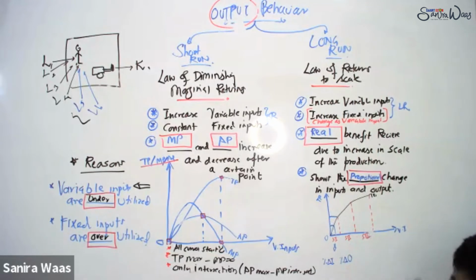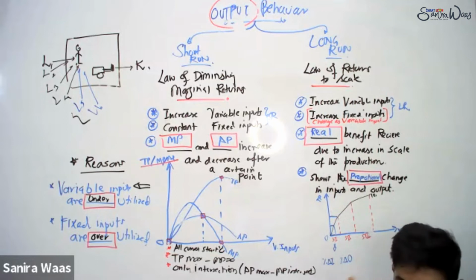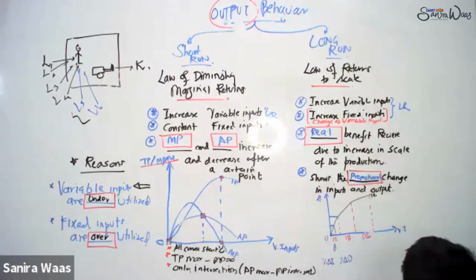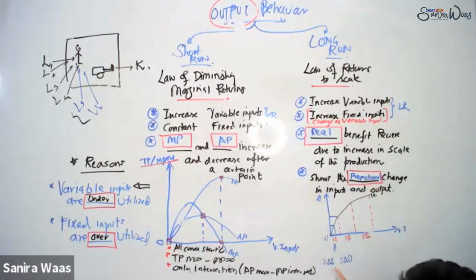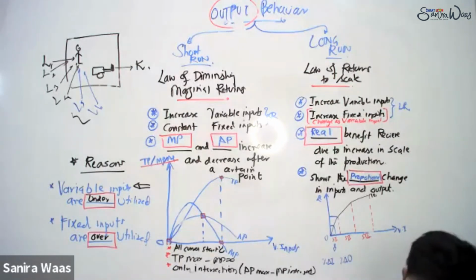Your change in proportional input. So the proportionate inputs, the amount of inputs we have used, and the amount of proportionate output we have got. Whether this is greater than like this or less than like this. First stage, where the input used and the output produced.